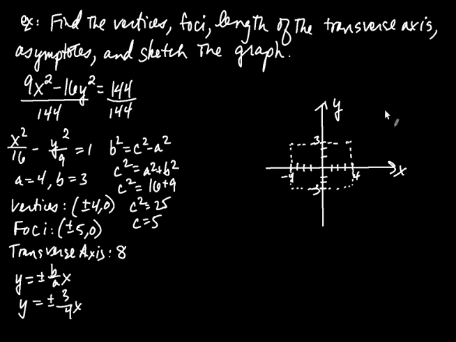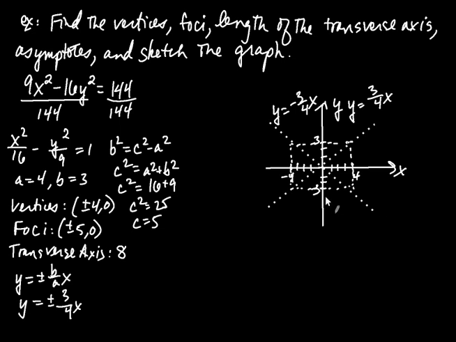Let's go ahead and draw the asymptotes in as well. So these would be the graphs of our asymptotes, and I labeled this asymptote y equals 3/4 x, and this asymptote has been labeled y equals negative 3/4 x, and they were obtained from this. And now let's draw our hyperbola through the vertices approaching the asymptotes.